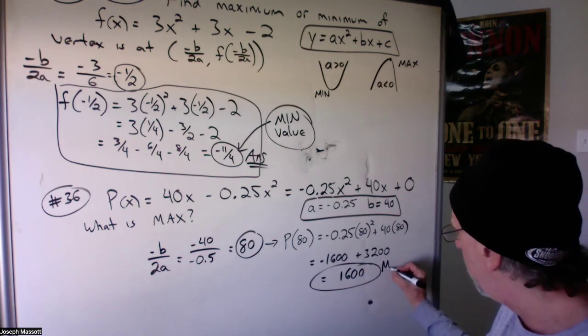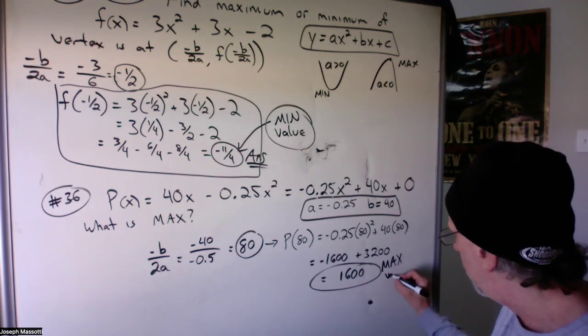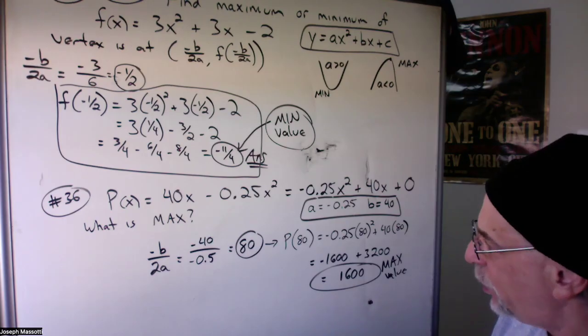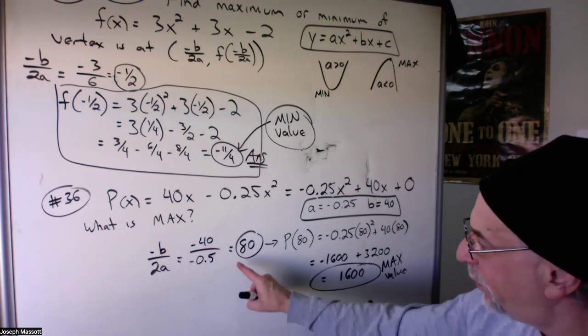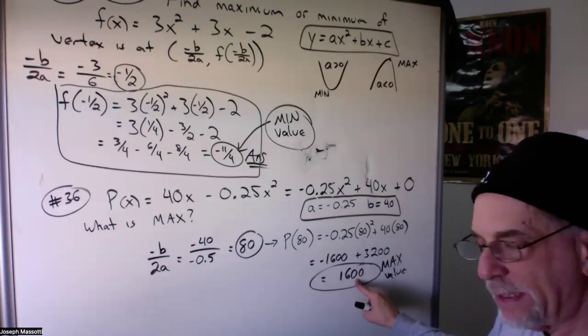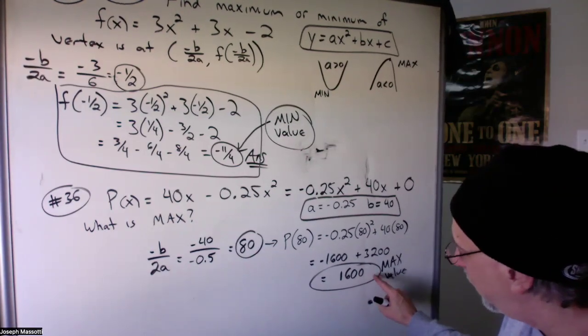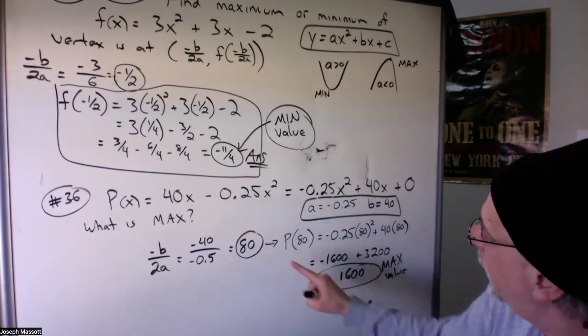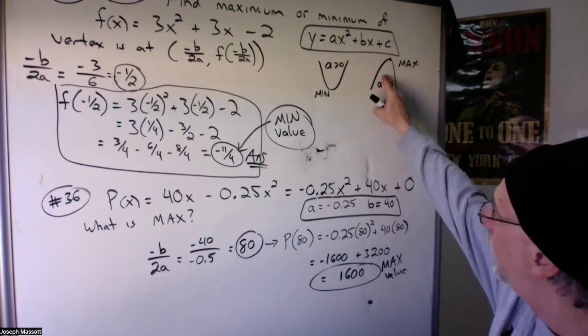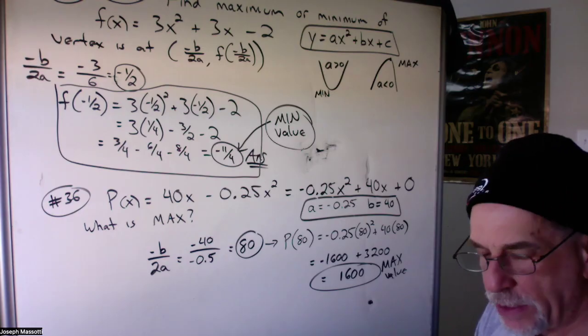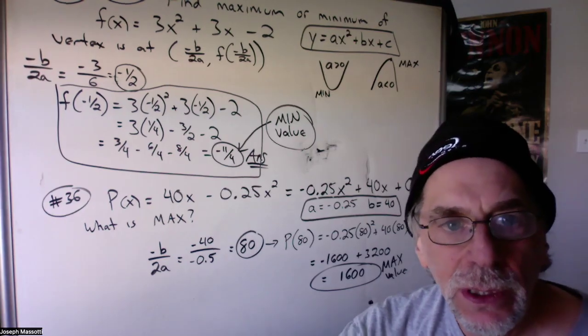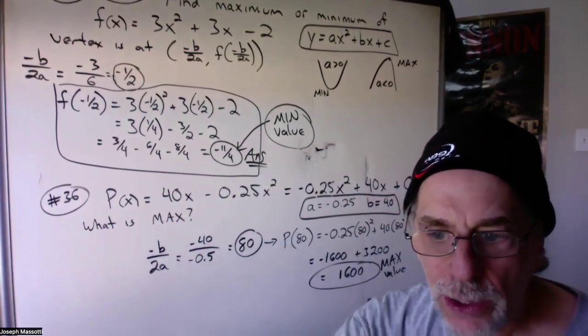And that's going to be the max value of the function, and it occurs at an input of 80. So the vertex is at 80, 1600. The maximum value of this function is 1600, the top of the parabola, the vertex. All right, so maximums, minimums, parabolas, quadratic functions.